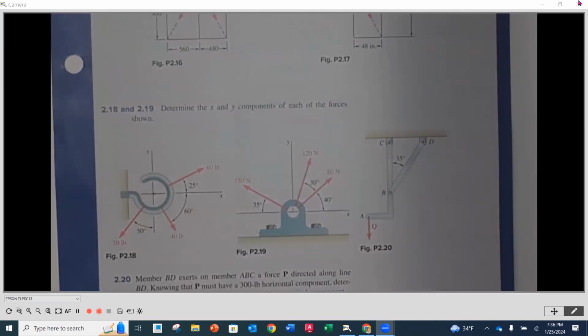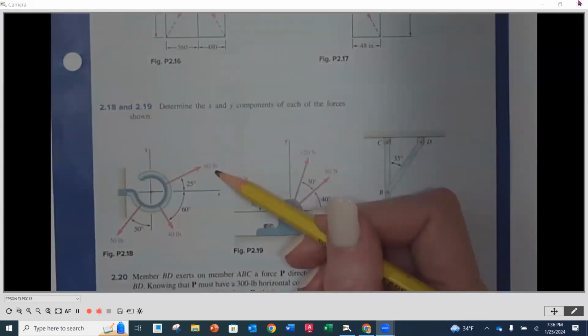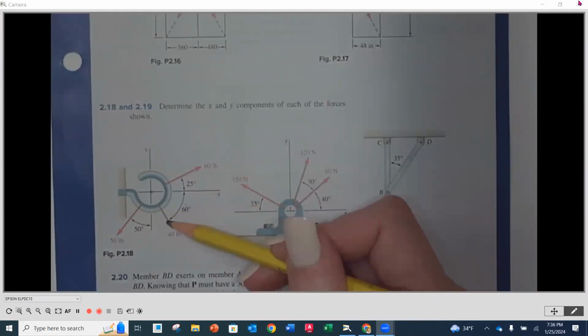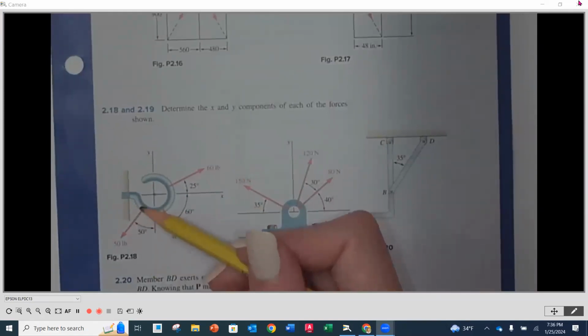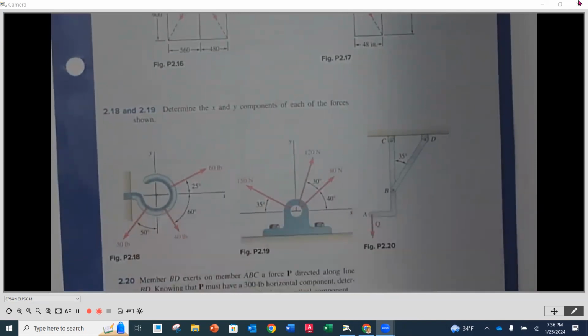What you want to do is find the X and Y components of the 60-pound force at 25 degrees, the 40-pound force at 60 degrees, and the 50-pound force at 50 degrees. Your process would be to show the X and Y components, label them, and then calculate their magnitude.